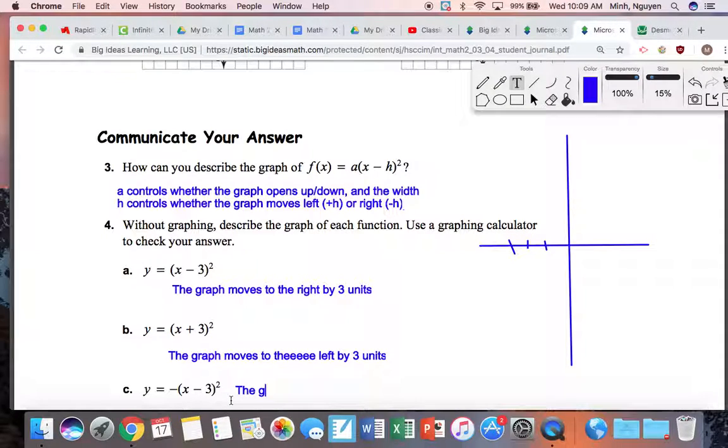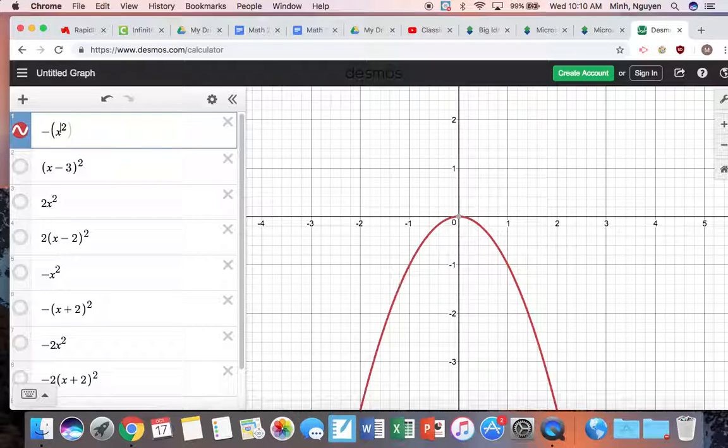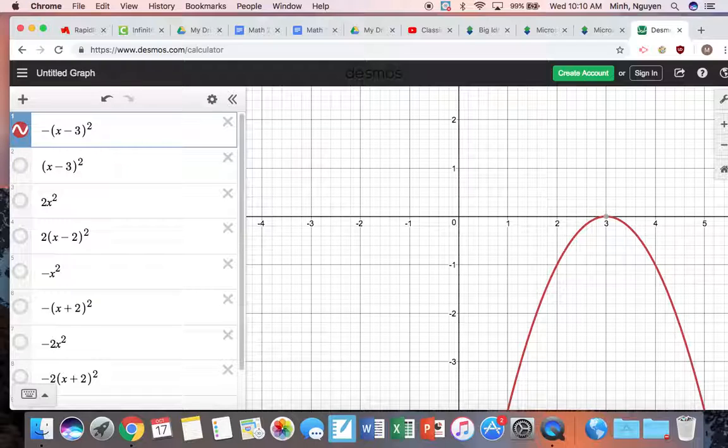So the graph will face down and move or translate how many units and in which direction? Which one of these is it similar to? It's this one. And move 3 units to the right. Let's see. Negative -3 squared. There it is, 3 units to the right.